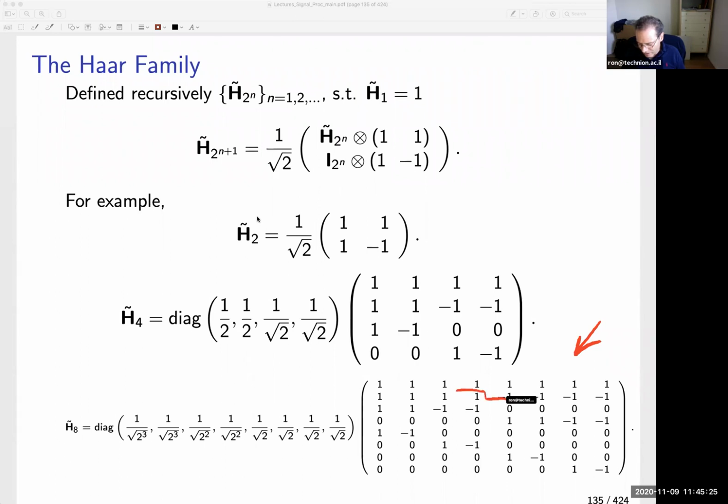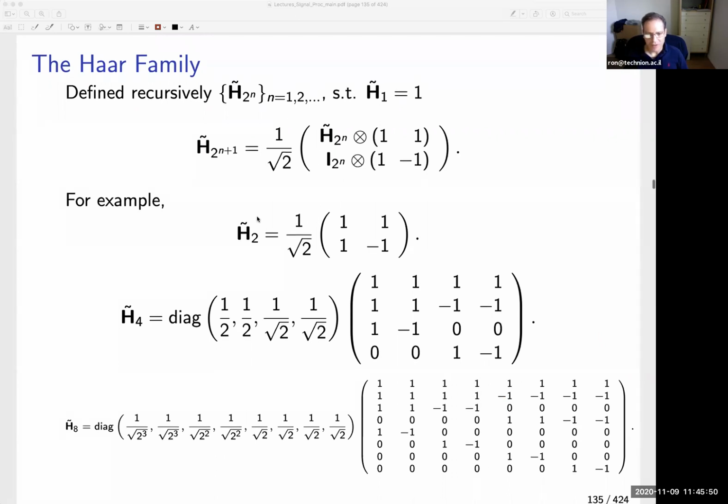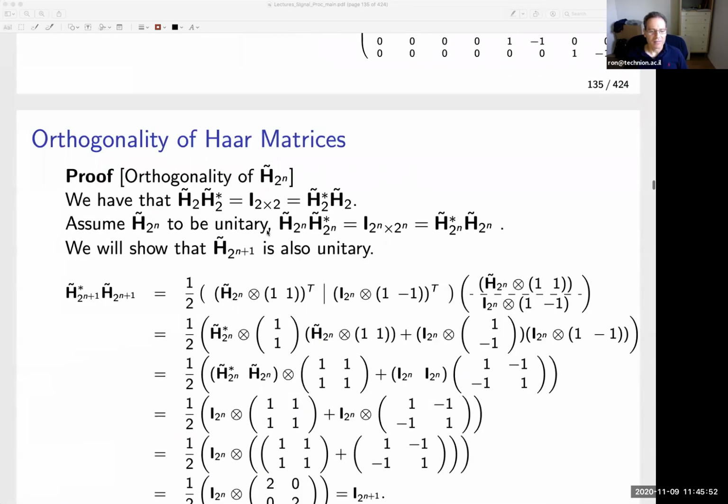Here we have a function that looks like that. Here we have a function that looks like that. And in a sense, it is very similar to the multi-scale construction that we have worked with before. Again, this is the Haar family. This is how it looks like, and it seems to do the right thing.